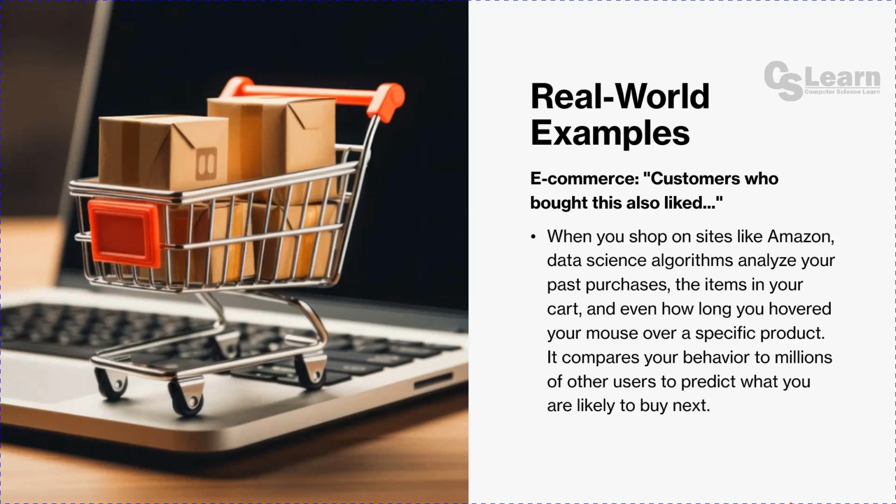When you shop on sites like Amazon, data science algorithms analyze your past purchases, the items in your cart, and even how long you hovered your mouse over a specific product. It compares your behavior to millions of other users to predict what you are likely to buy next.